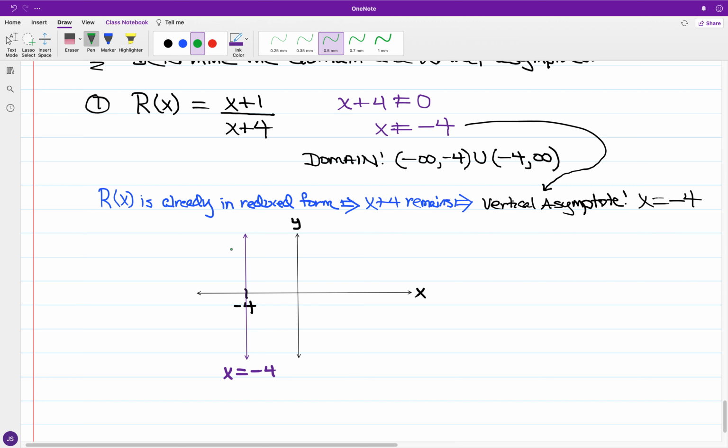Now regarding the graph of the function for r of x, once again, this is just going to be a rough sketch. So you have one section of r of x in this upper left-hand section, and x equals negative 4 splits up the graph. So r of x is split up into these two distinct regions.